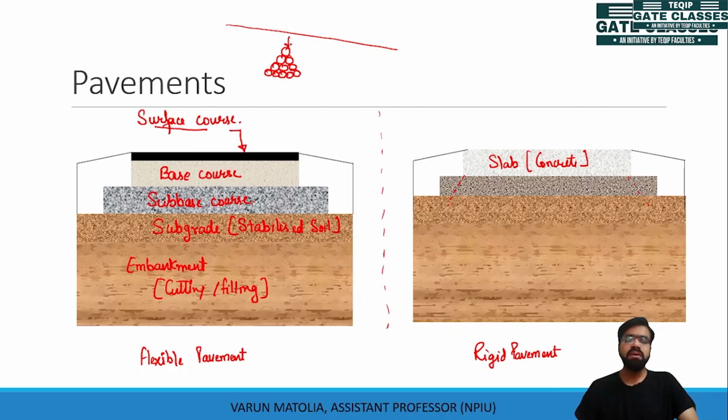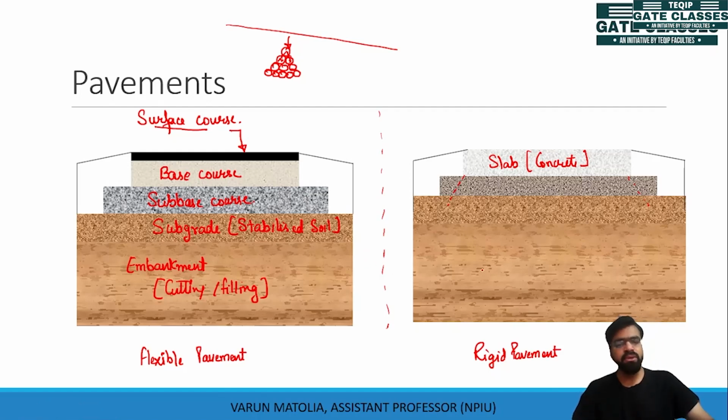This particle which is having load will distribute the load to other particles. That's why the pavement is known as flexible pavement. And because of slab action, because of the rigidity of the slab, we have rigid pavement.